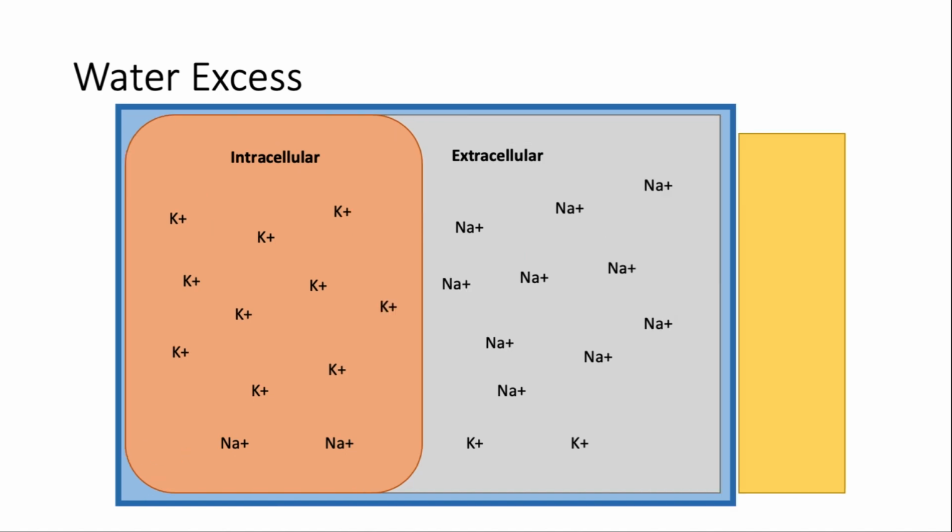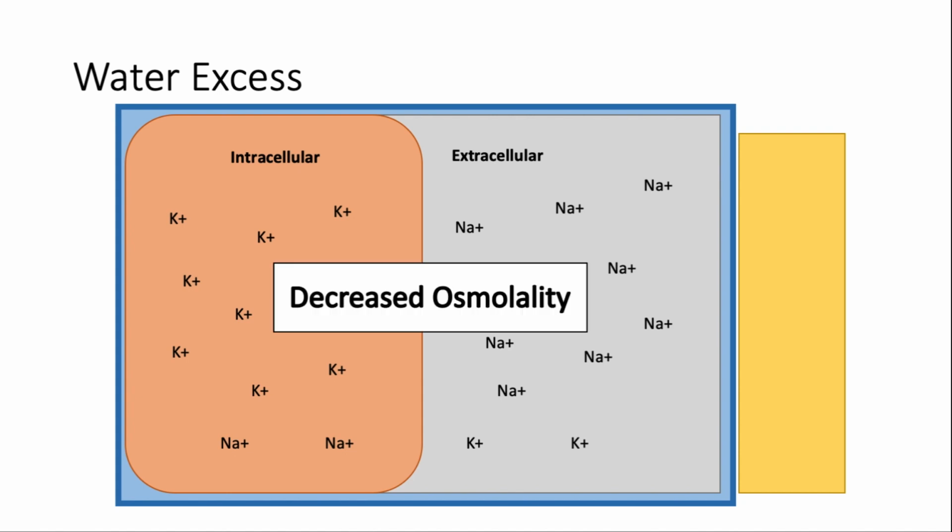So both are going to end up being diluted and bulked up, and the osmolality will decrease because we have the same number of particles in more fluid, so there's a lower particle to fluid ratio. As a result, that serum sodium concentration is going to decrease.